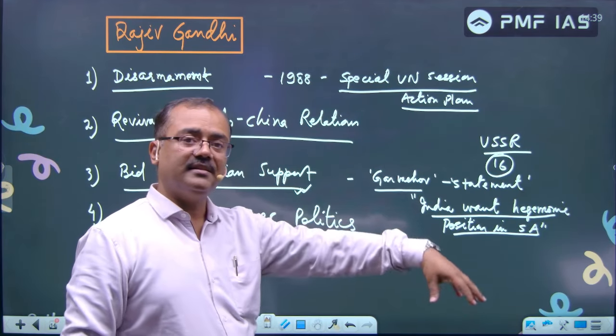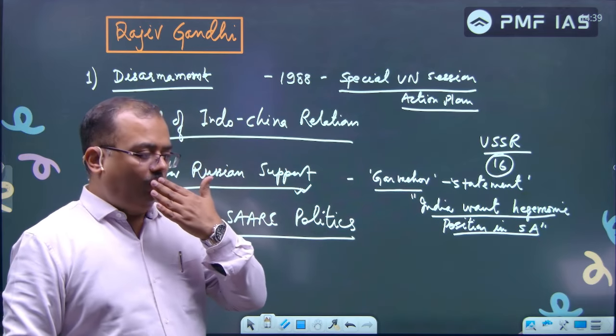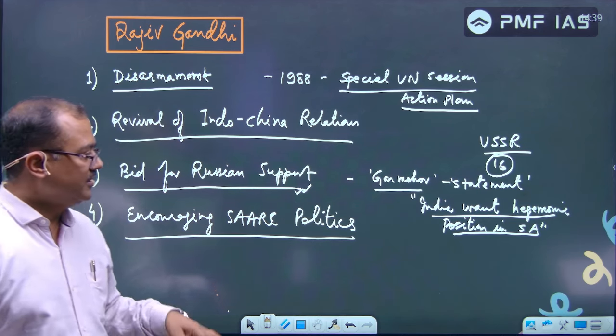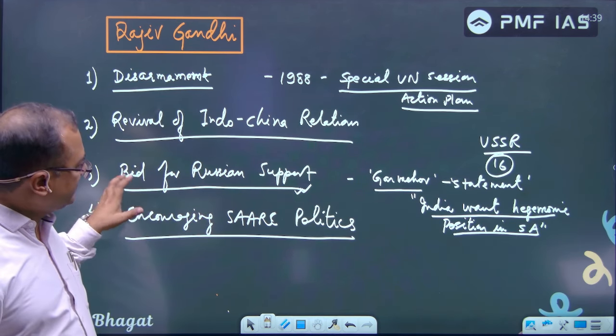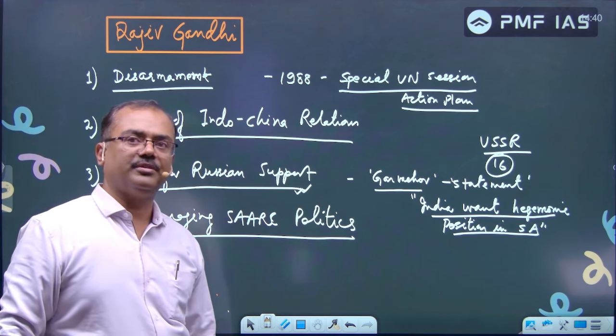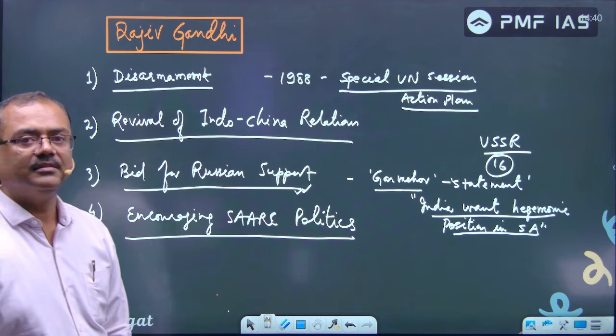And he included China in that balancing of power. That was not favorable to India. So here he tried to get Russian support, but he could not. At that time, the condition was not such, so he failed.